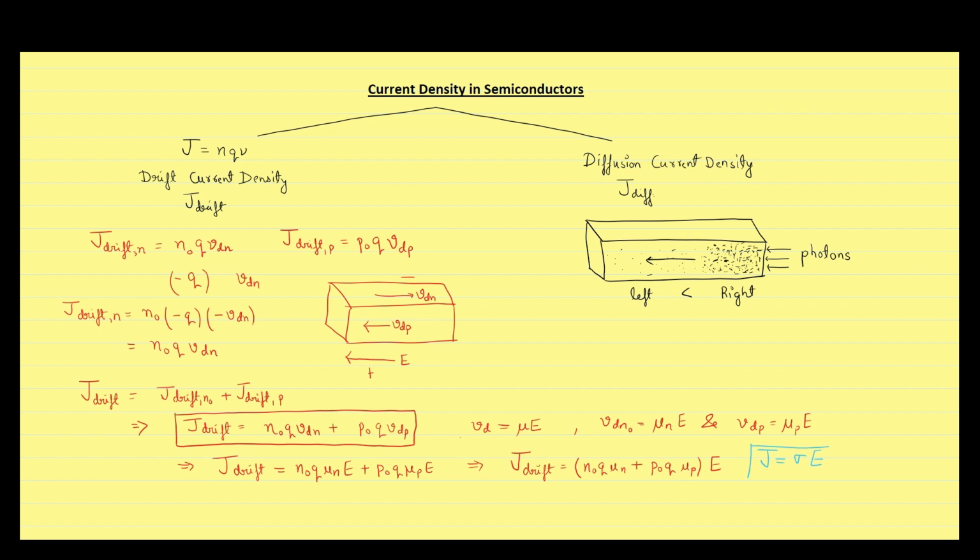By comparing these two equations, we will get conductivity for semiconductors to be equal to free electron concentration N naught multiplied by the magnitude of charge on a free electron multiplied by mobility plus hole concentration multiplied by magnitude of charge on a hole multiplied by mobility of holes.